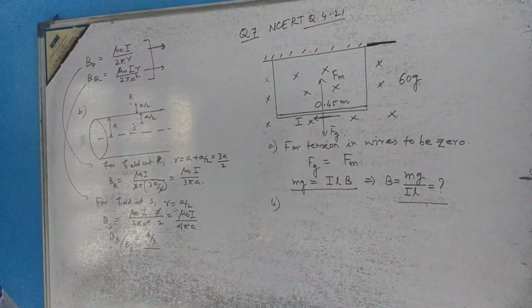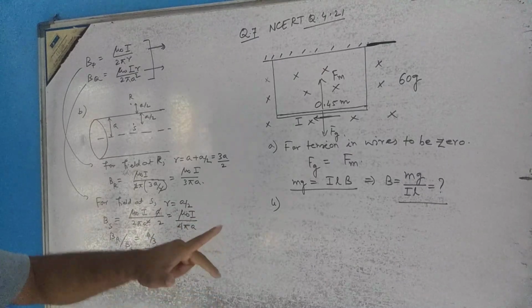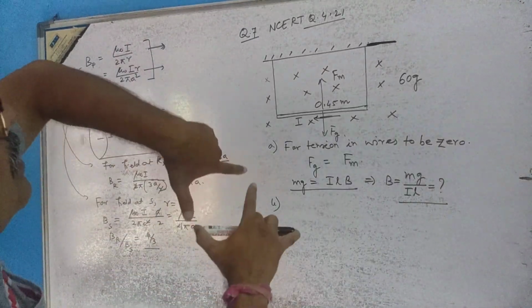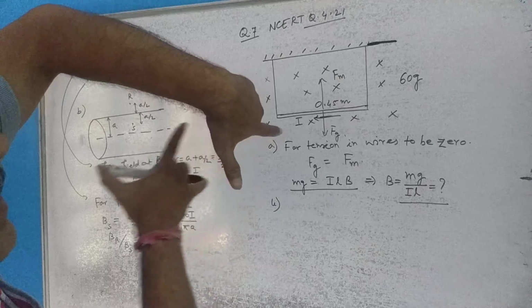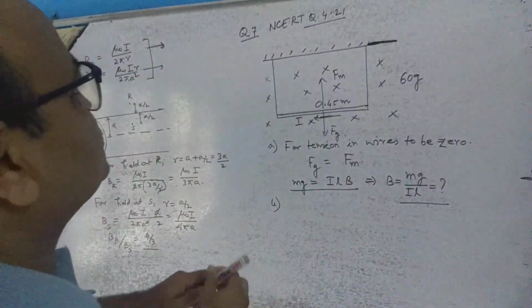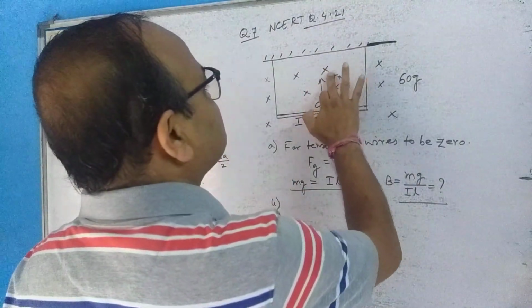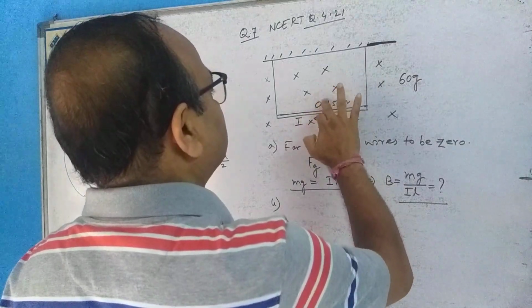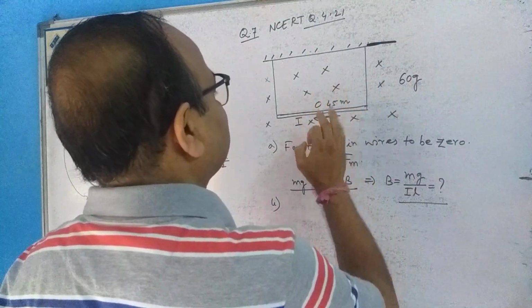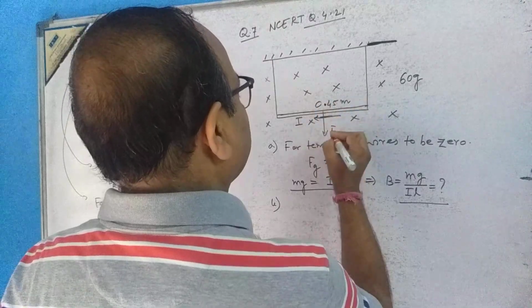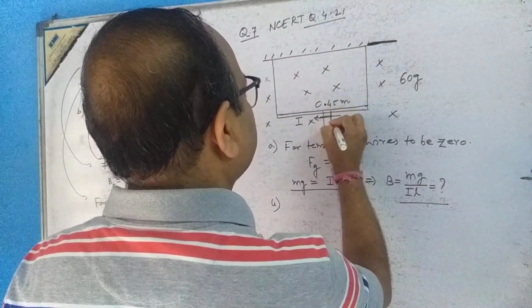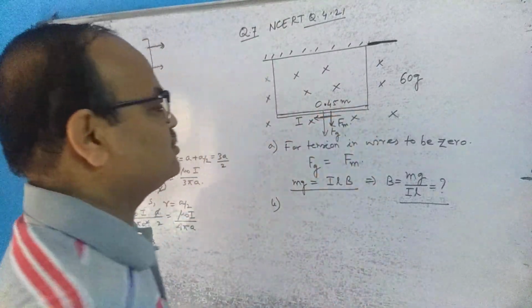If the current is reversed, then what will happen? Current in this direction. Now this is the second diagram. You can draw the second diagram. In this case, Fm will also be in this direction.